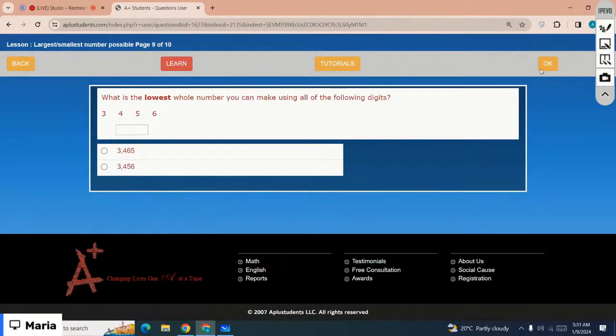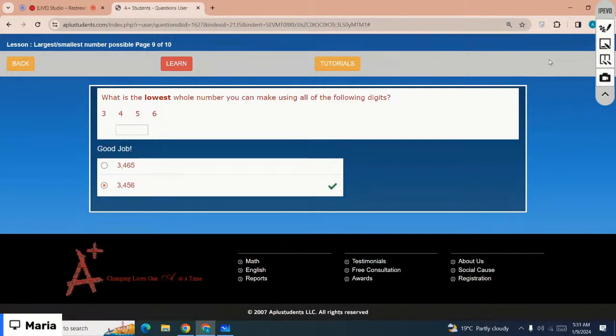Yes, that is the lowest number you need to make. Option number two, 3,456. It is very good.